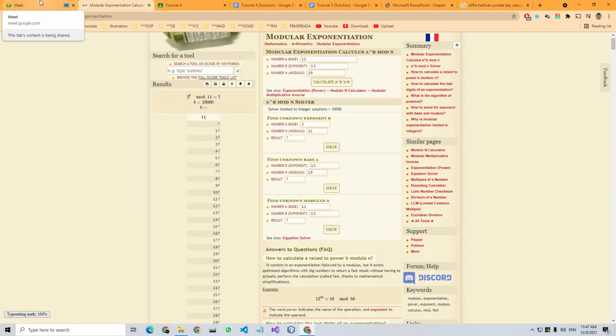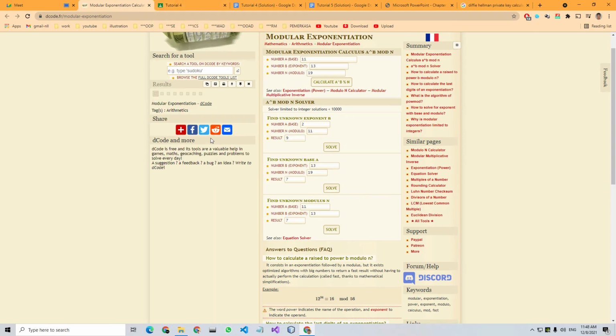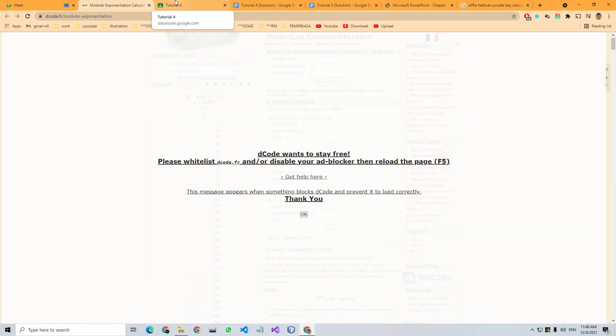We are checking this. Now we want to find how to get the 6. So the base is 2, modulus 11, result is 9. Okay, clear? Base is 2, modulus 11, and the result is 9.